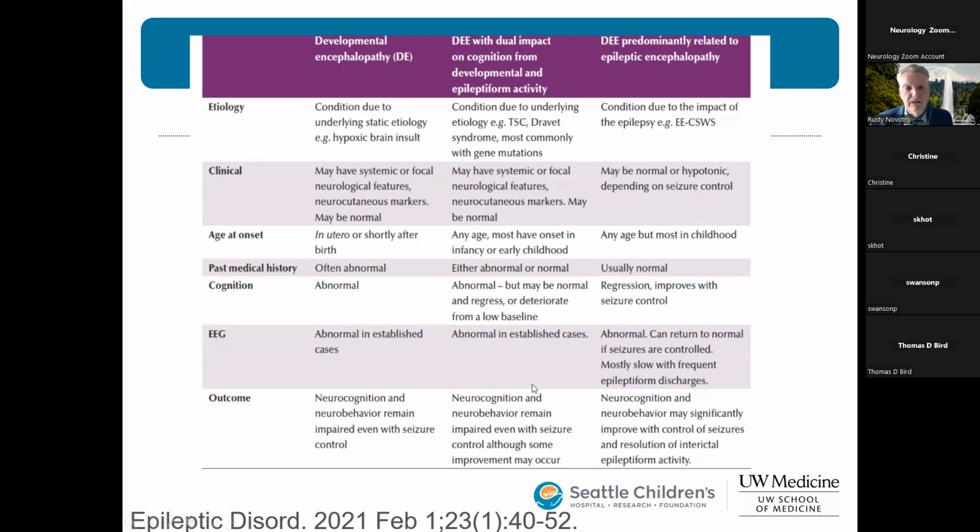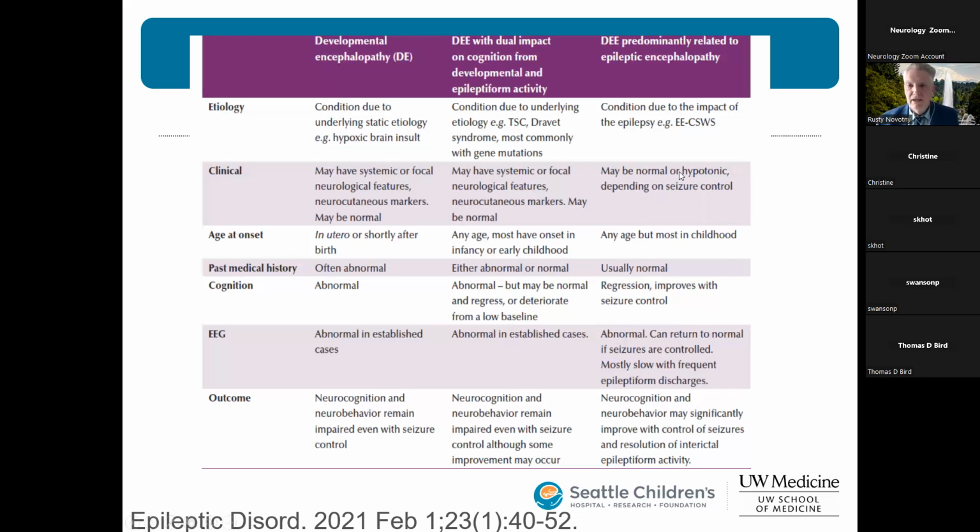And then the developmental epileptic encephalopathies have a dual impact on cognition, where sometimes the seizures themselves, when they are more severe, have an impact on development. Conditions that we frequently see with this are tuberous sclerosis and Dravet syndrome, where when the seizures are exacerbated, they have marked regression or plateauing of their development.